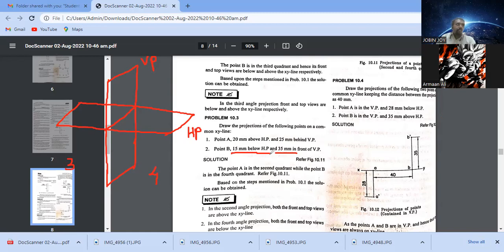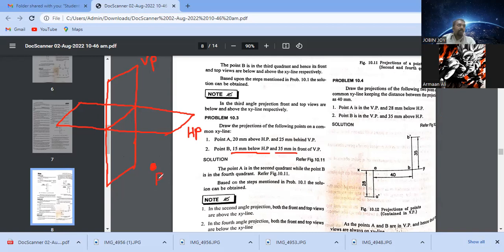Yes, sir. But here the point B is 35 millimeter in front of VP. In front of VP means the point B is in which quadrant? Fourth quadrant. So I will mark the point B here in the fourth quadrant.